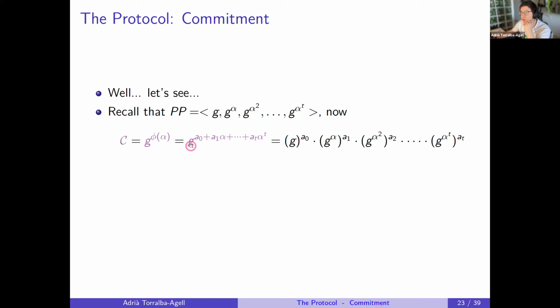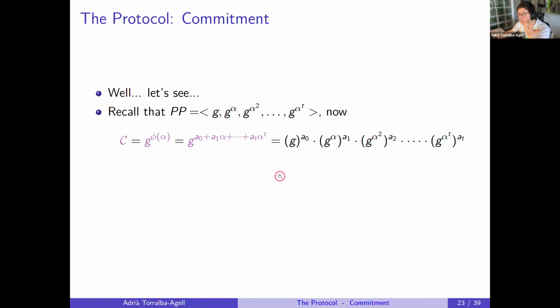We can put g to the a0 times g alpha elevated to a1, then g alpha squared elevated to a2, all the way along until we have g to the alpha t, everything to the at, okay?